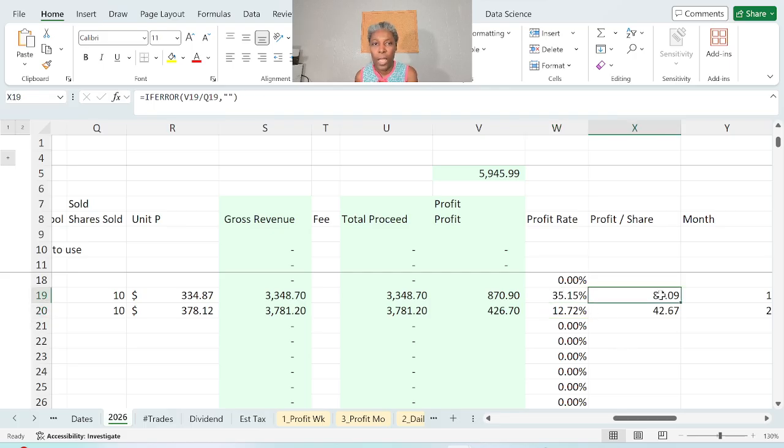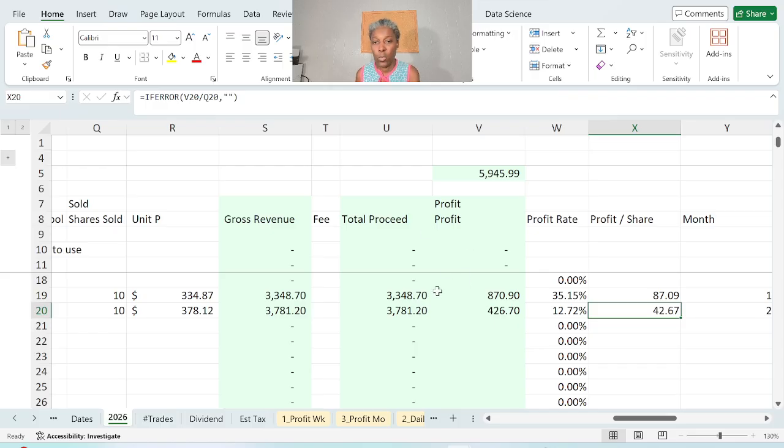I'm also using profit per share, which is doing the same thing, taking the profit divided by the number of shares that I sold there as well.